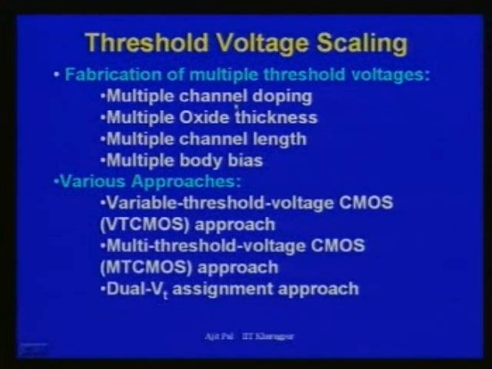So, these are the techniques that can be used to control the threshold voltage, and then the different techniques that can be used are shown here. One is variable threshold voltage CMOS, VT CMOS approach. Second is multi threshold voltage CMOS, MT CMOS approach. Last one is dual VT assignment approach.